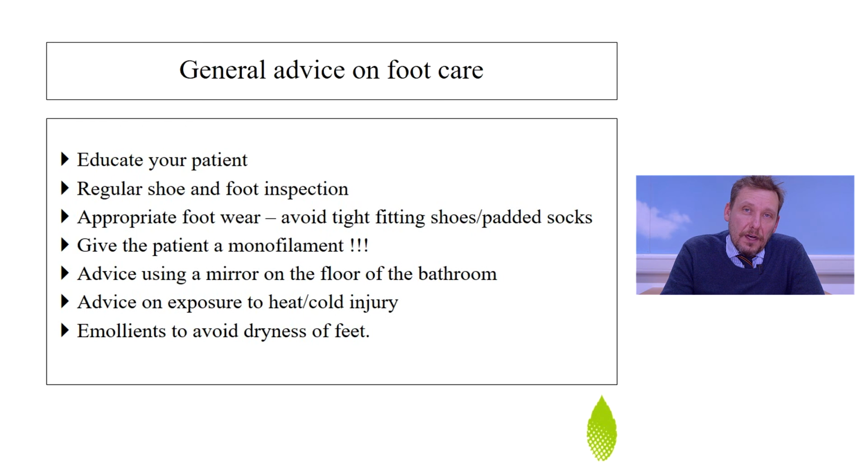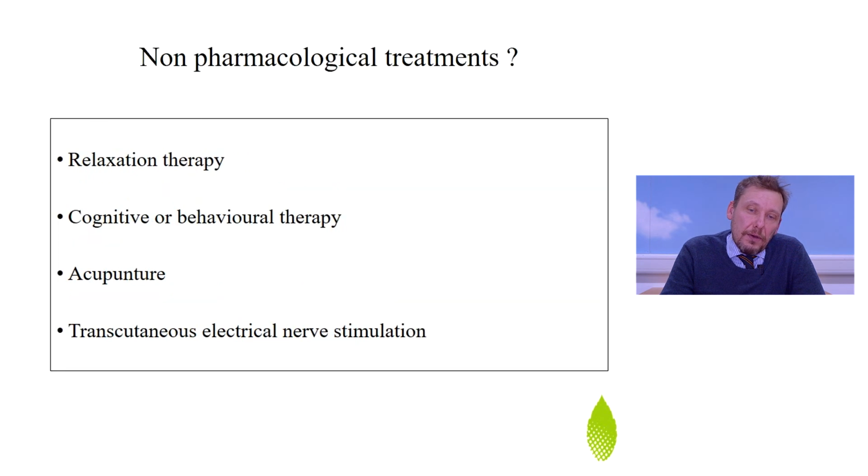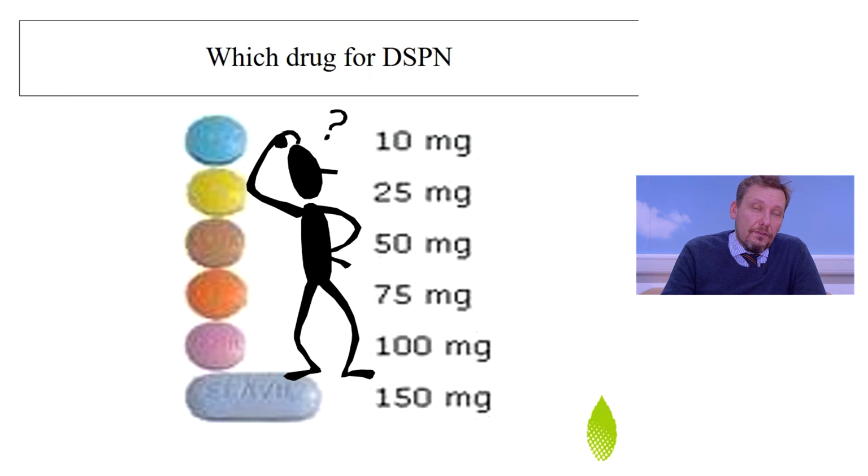Of course, advice and protection is key here to reduce the risks of neuropathic ulceration. So educate your patient, regular shoe and foot inspection, appropriate footwear to avoid tight-fitting shoes and padded socks, give the patient a monofilament if you have access to them, advice using a mirror on the floor of the bathroom, or advice over heat, cold, injury exposure are all important aspects of care.